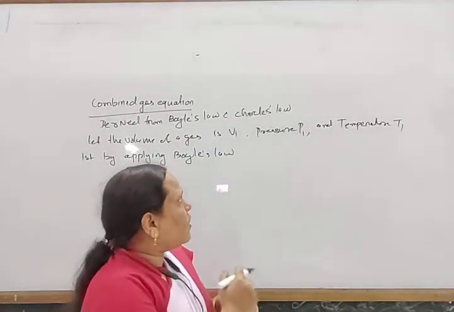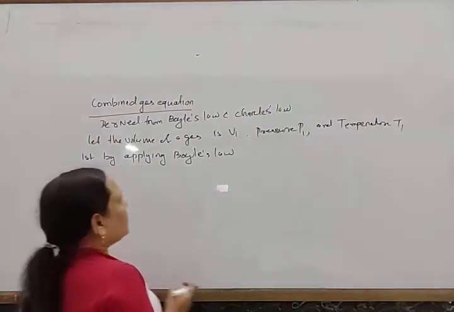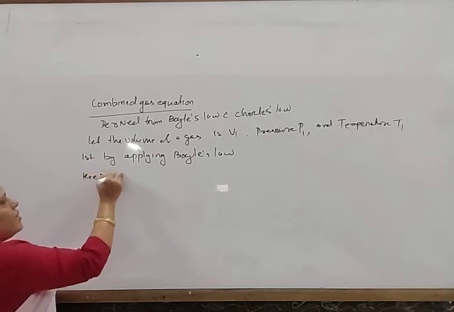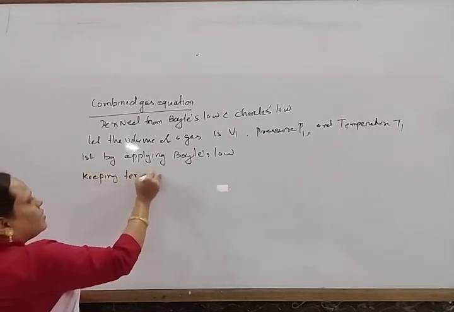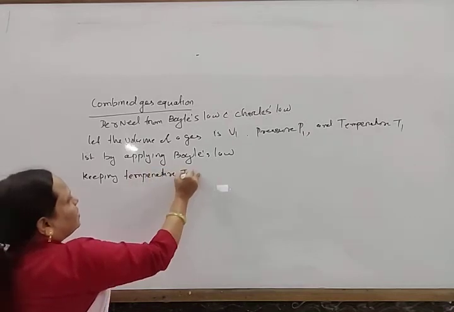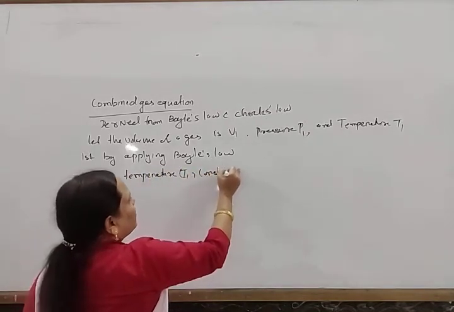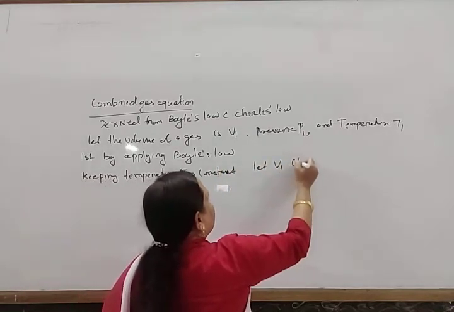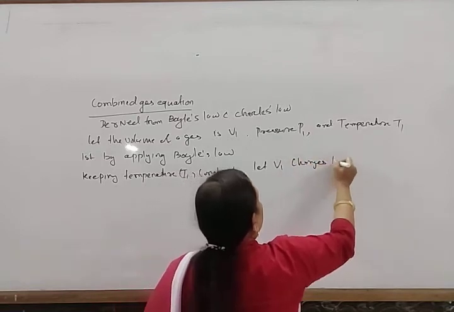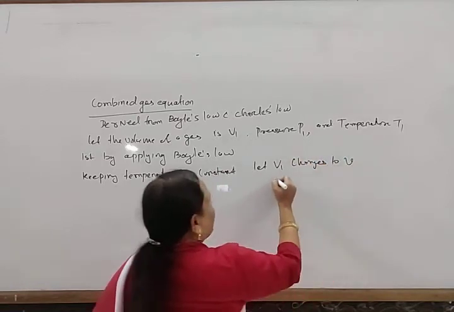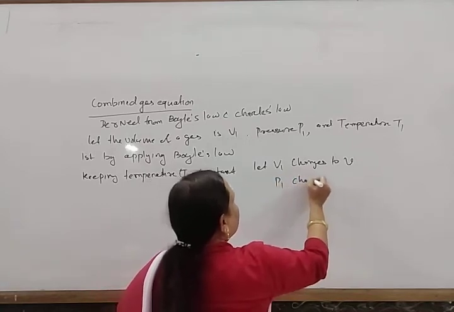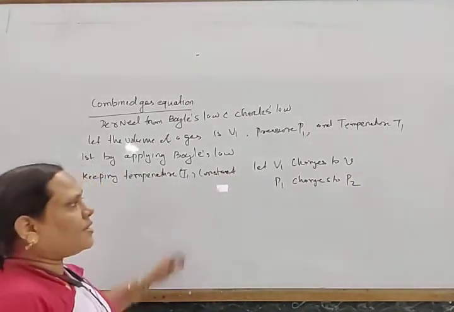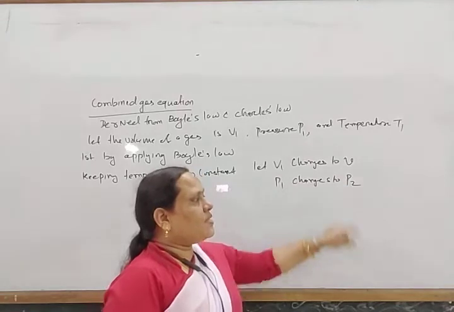Let the small change in volume be small v. By applying Boyle's law, that means keeping temperature T1 constant, let V1 change to small v and P1 change to P2.